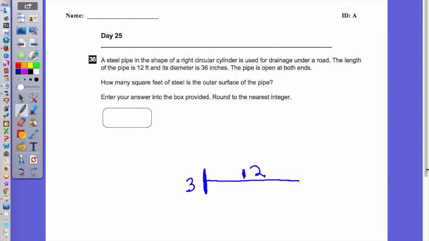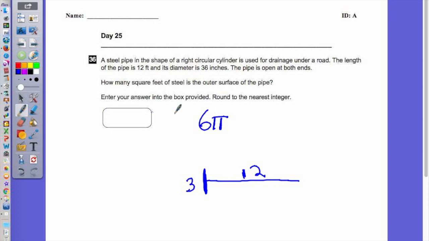Although it would make more sense that the pipe is kind of like this. This is the 12 feet, and this is the 3 feet, and I roll it up. So when I unroll it, I have a cylinder that has a circumference of 6 pi, right? 3 times 2, 3 is the diameter, right?